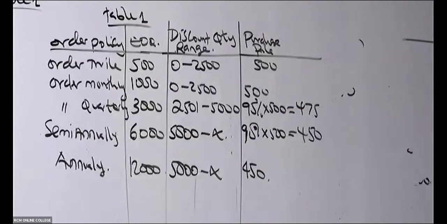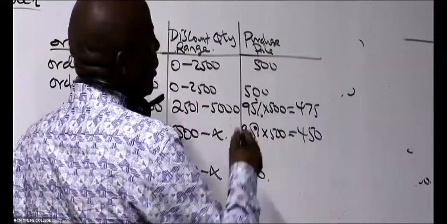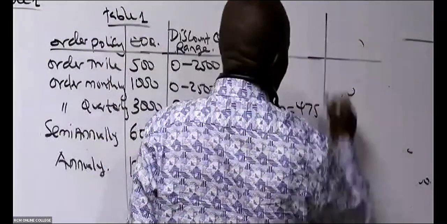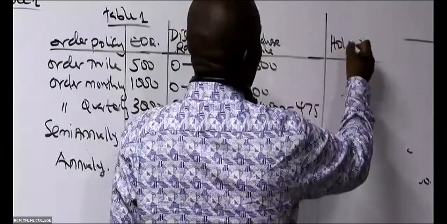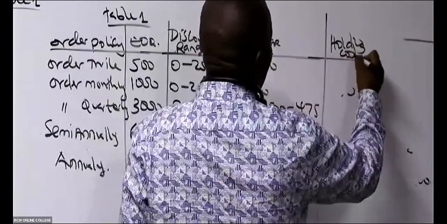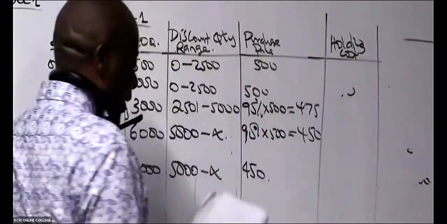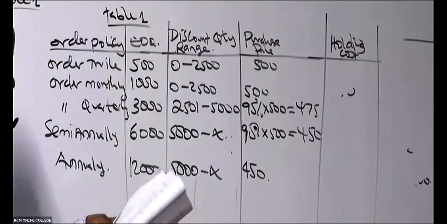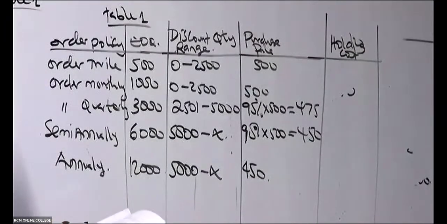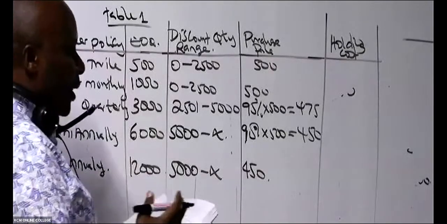Great. And then, ladies and gentlemen, after you get purchase price, always think about the holding cost. Always think about holding cost. So have they told us the percentage of holding cost? Yes, they told us somewhere in note number 5, the carrying cost is 20 plus 12% of the purchase price.